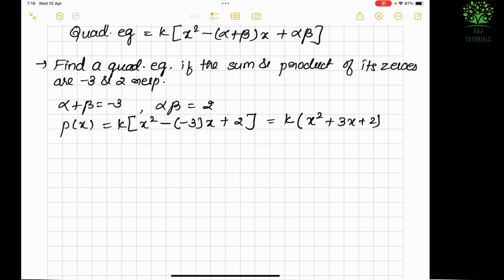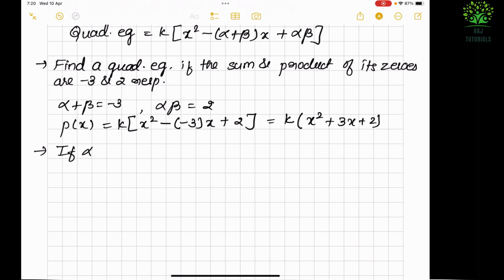Now, let us see one more example which is asked in the board paper every now and then. This is not directly given to us that the sum is this and the product is this, but in a twisted way they ask us this question.